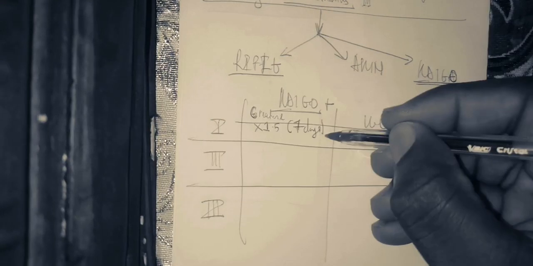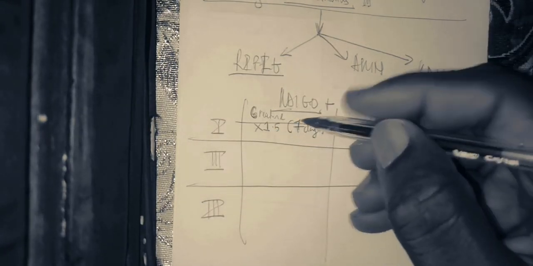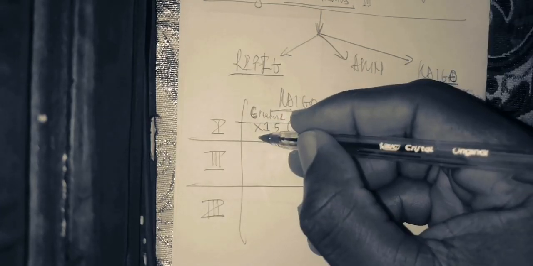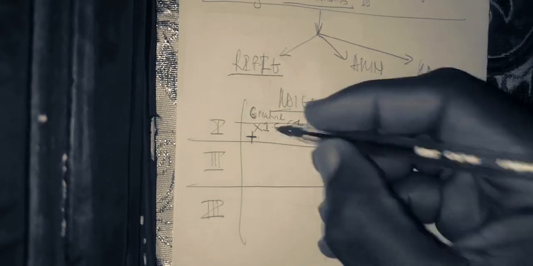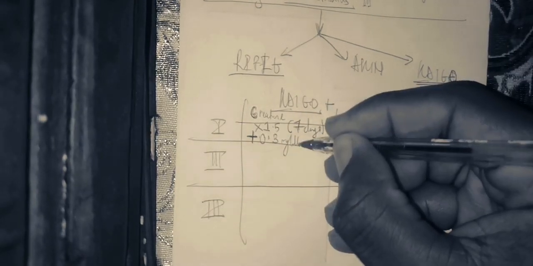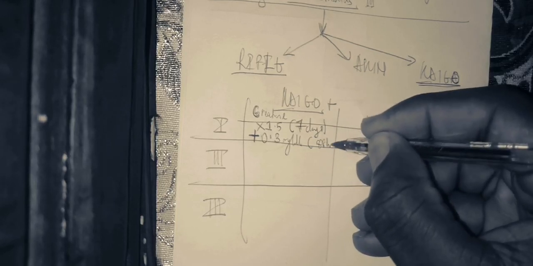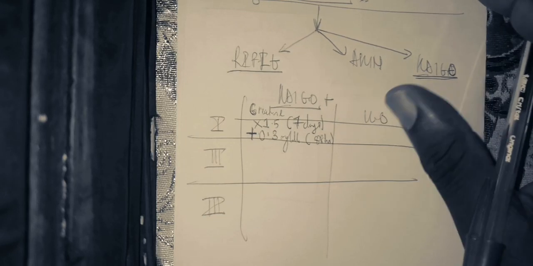If you have an increase in the creatinine level by 1.5 times within the first 7 days, or you have an increase or a change of 0.3 milligram per deciliter within 48 hours, it means that the patient is having an acute kidney injury. Is it clear?